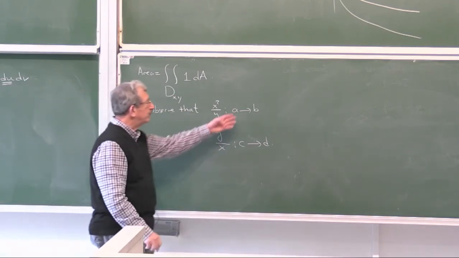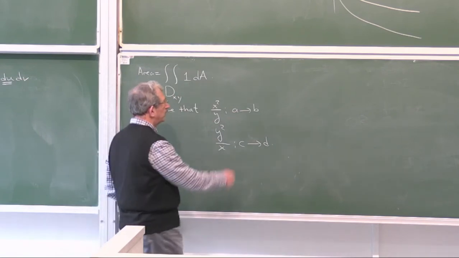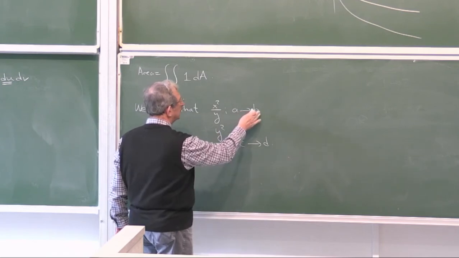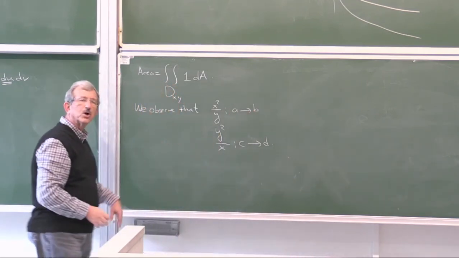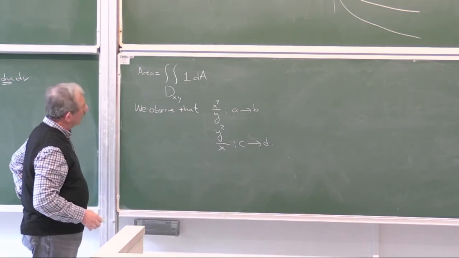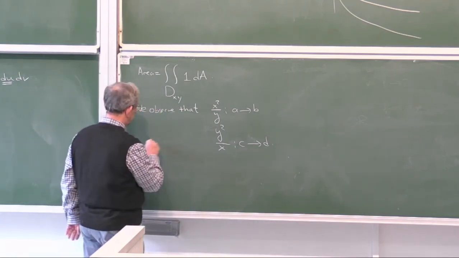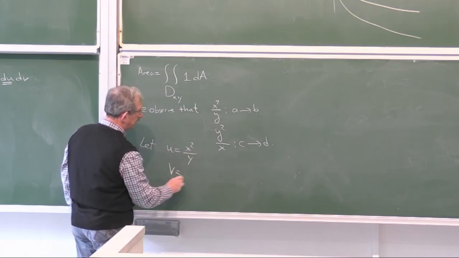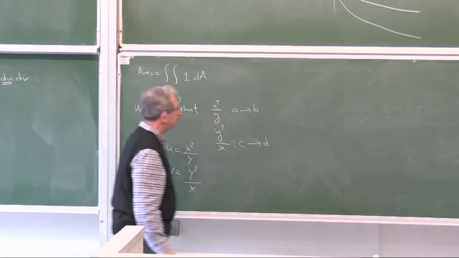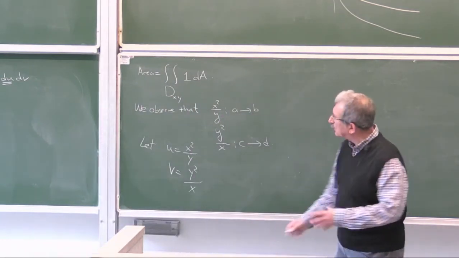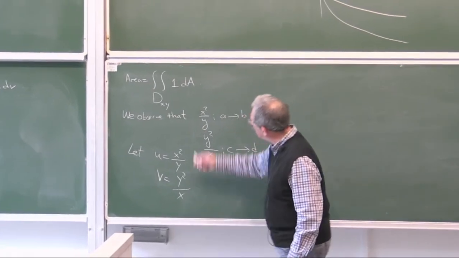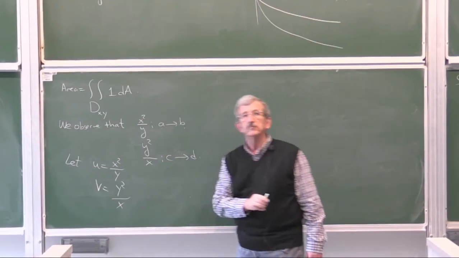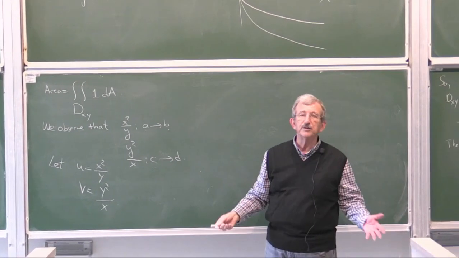Actually, these arrows don't mean much. What I mean is x squared over y is equal to a or equal to b, but because b is larger, I showed it this way. Well, so let u be x squared over y, v be y squared over x. Then this transformation will change that strange region into a rectangle, a to b and c to d.